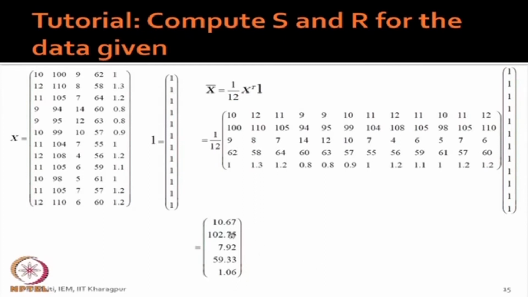Profit mean is 10.67, sales volume 102.75, absenteeism 7.92, breakdown 59.33, and 1.06 is the M ratio case. So, your first step is to find x bar using this type of formulation.